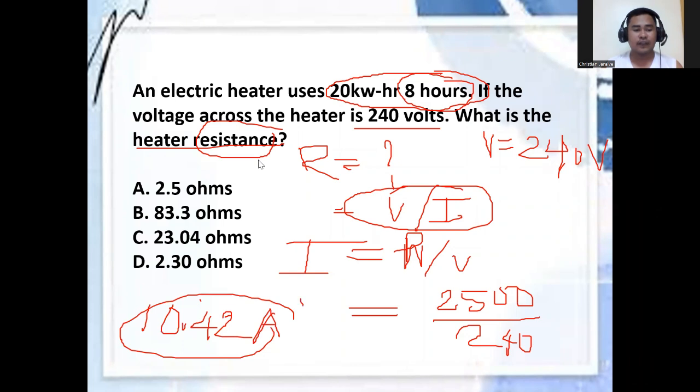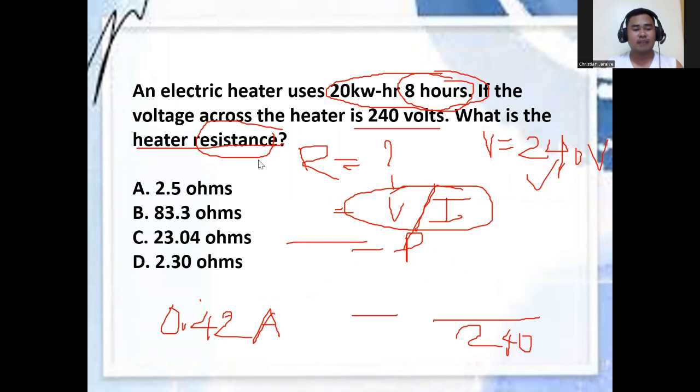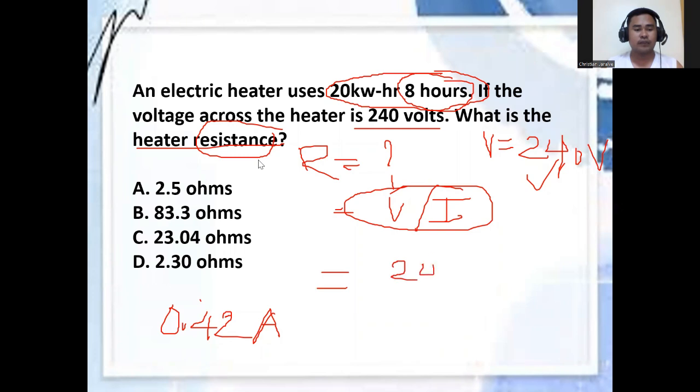We now have current, we have voltage, then since resistance is equal to voltage over the current, then simplify the formula. This becomes right now, let's go back to the formula, voltage 240 divided by 10.42 amperes.